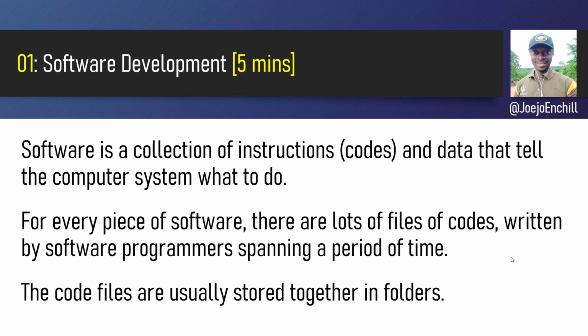The codes are normally written in files, and these files are stored together in folders or directories. In actual sense, a software is a number of codes written in a file. These files stored together in folders, and then they work together following a particular pattern or algorithm to get some work done.